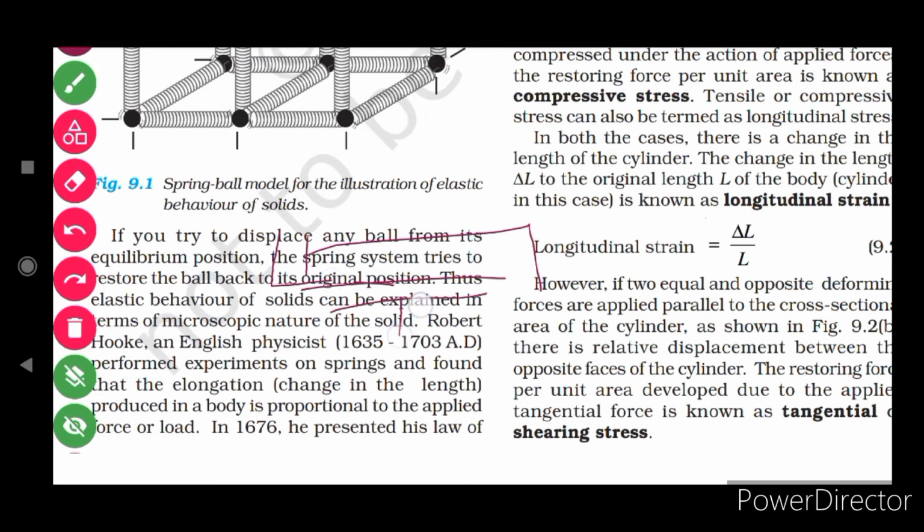Suppose it was a 100 centimeter rod, and by applying the deforming force there was a decrease of maybe 5 centimeter, that is a little more, but let's say 5 centimeter. So this change was 5 centimeter, the original dimension was 100. This is called longitudinal strain, change in length upon original length.